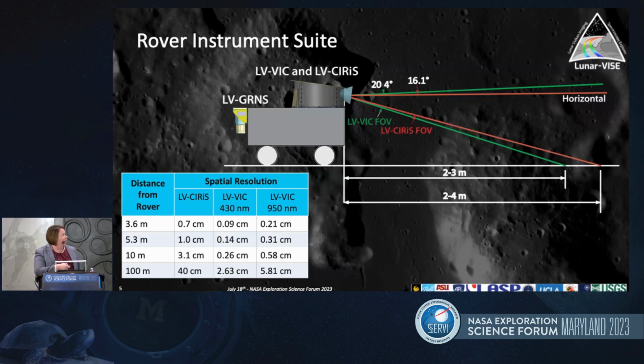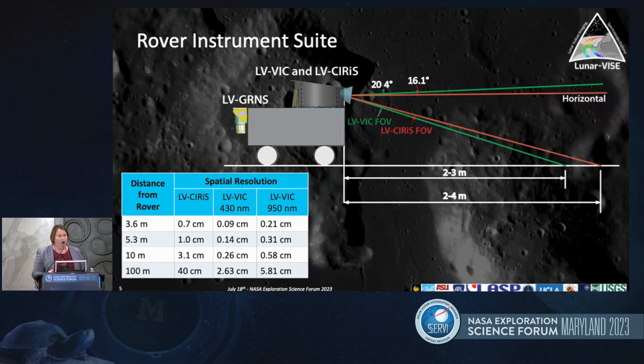We have two multispectral cameras that are sitting on top of the rover. These are LV-VIC and LV-Cirrus. And we also have a gamma ray and neutron spectrometer that's situated on the opposite end of the rover itself.